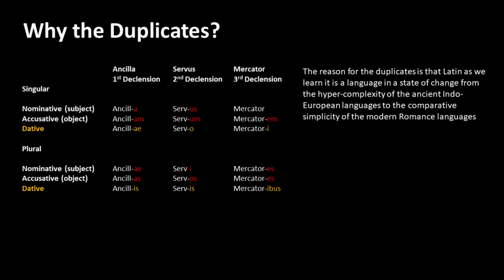For whatever reason in their spoken language, the Romans, and then Latin speakers in general, began to realise that these elaborate case endings were not actually necessary for being understood. They gradually found, and the emphasis here is on gradually because it took over 1,000 years to be completed, that they could get by with something a bit like the system that we use in English, or that is used in modern French and Italian and the other daughter languages.